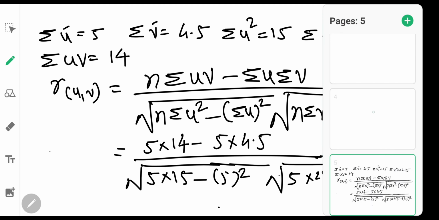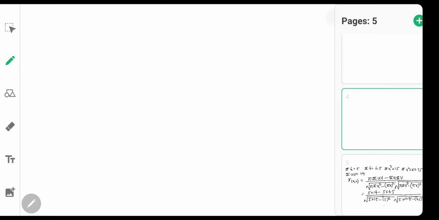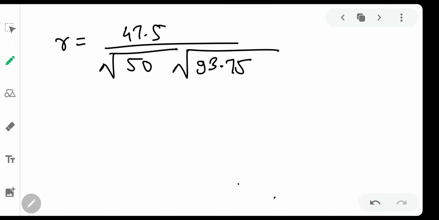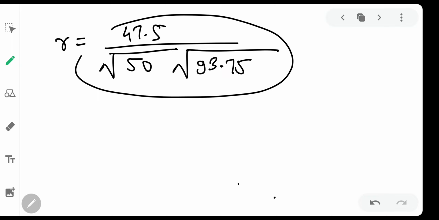Now let us simplify this further, and it will look like r is equal to 47.5 upon under root 50 into under root 93.75. Now how to calculate this at the time of exam? That is by using log tables.